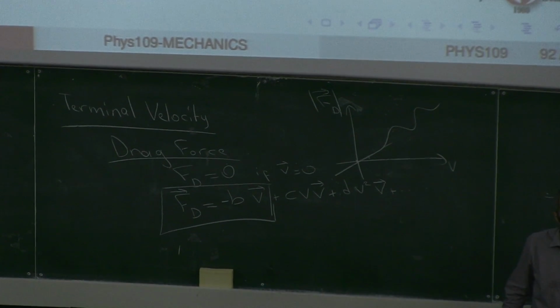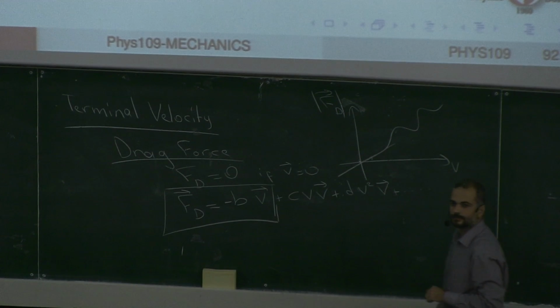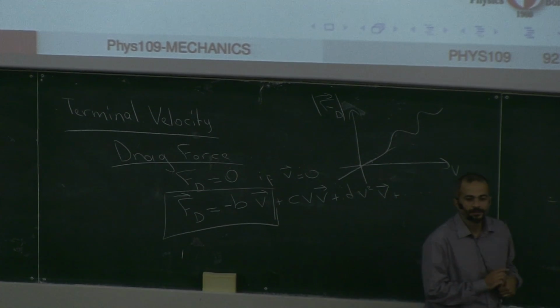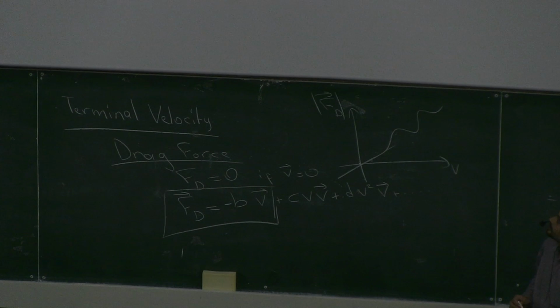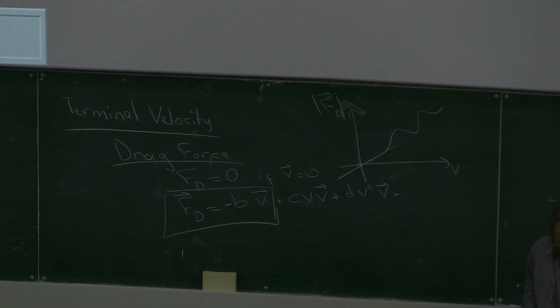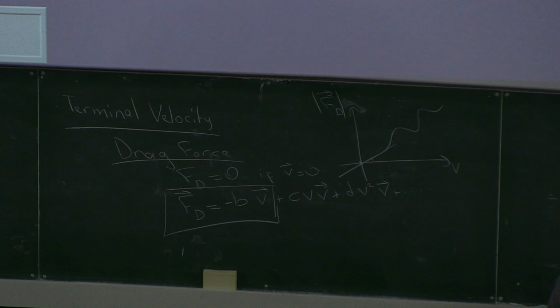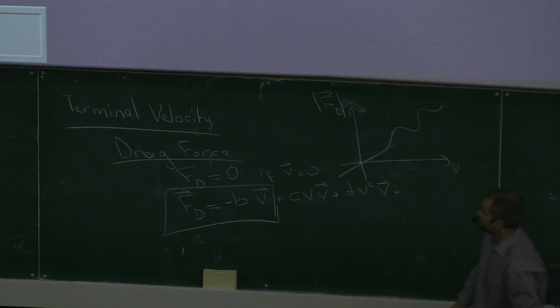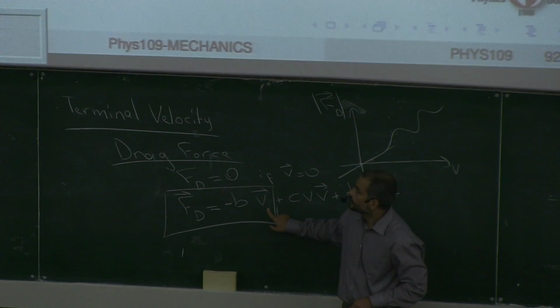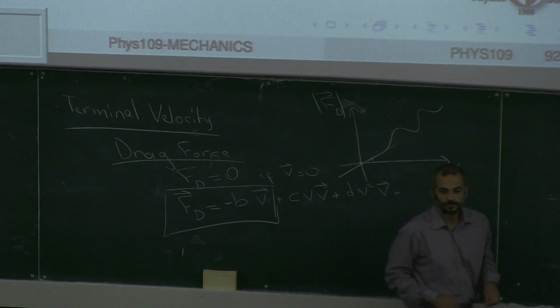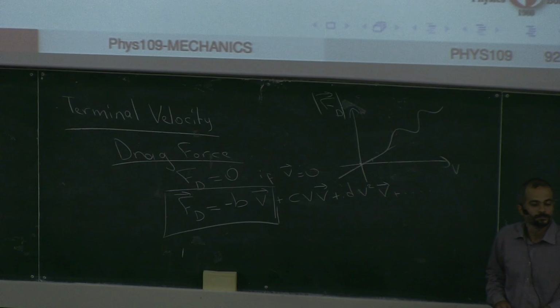So that is our constant. Well, what does it depend on? What can you say from your everyday experience? It doesn't depend on the velocity. You see, the dependence on velocity is here already. So this is just a constant. You are talking about b.